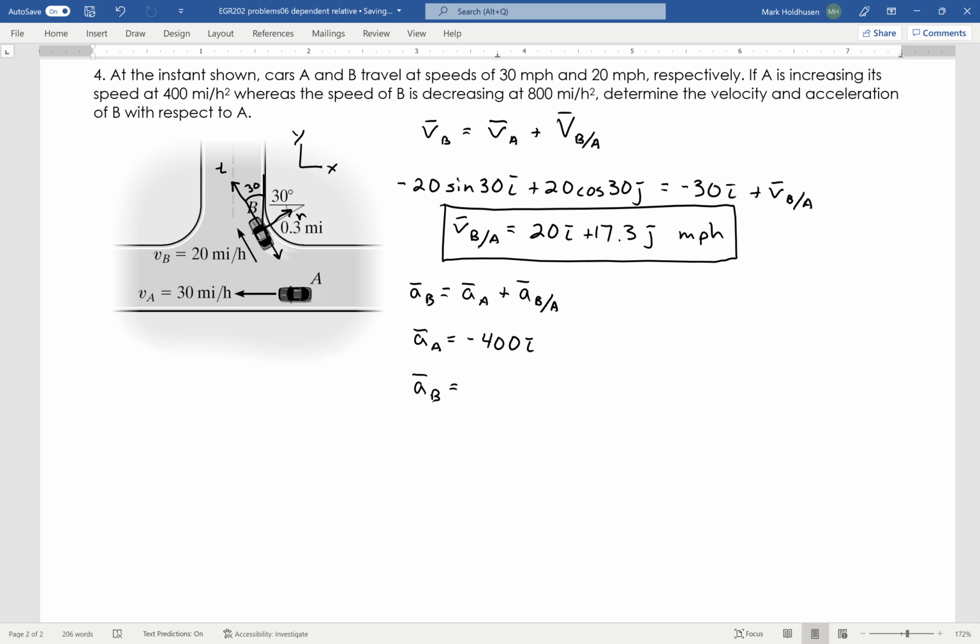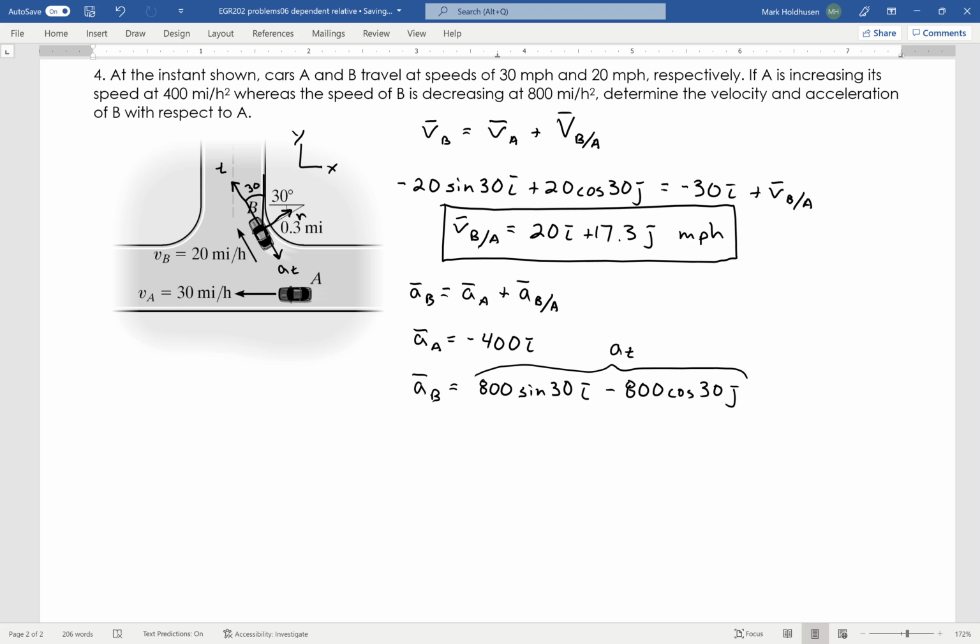My acceleration in the t direction will be in this direction because it's slowing down, which is the positive x direction, and that'll be 800 sine of 30 in the i direction, and then negative in the y direction, 800 cosine of 30. This is basically slamming the brake. This is your tangential acceleration.